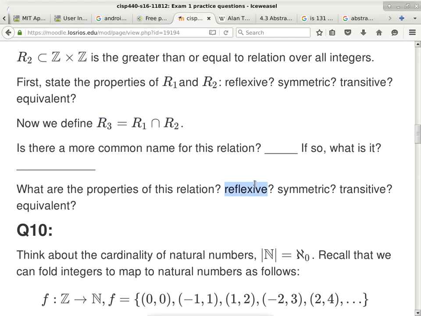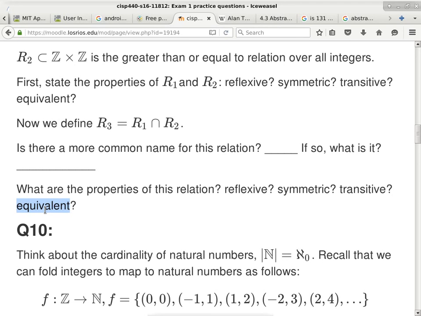Is every number equal to itself? They're all equal to itself. Is it symmetric? A equals B implies B equals A. Are they transitive? A equals B and B equals C implies A equals C. And as a result, they are also equivalent. Equivalence is meeting all three requirements. Are there any questions about number 9?